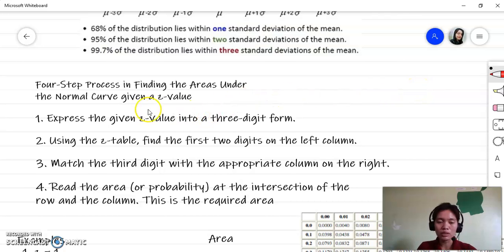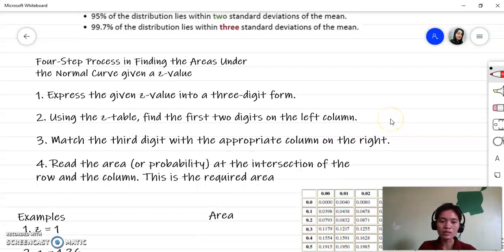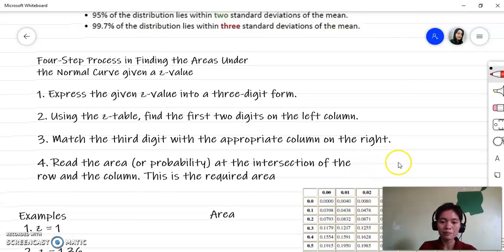Number 1, express the given z-value into a 3-digit form. Number 2, using the z-table, find the first 2 digits on the left column. Number 3, match the 3rd digit with the appropriate column on the right. And the last step is to read the area or probability at the intersection of the row and the column. That is the required area.